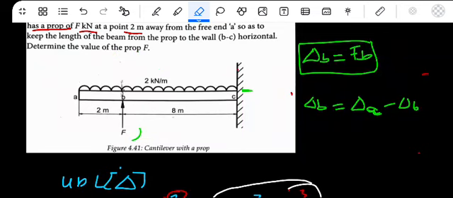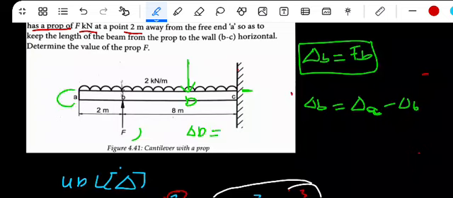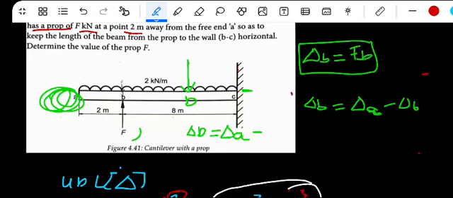Let's say now you have a force. I'm just making an example here. Let me call it D. How will you find the total deflection at D? The total deflection at D must be equal to the deflection here at A for this whole beam, minus the deflection at B. Understand?